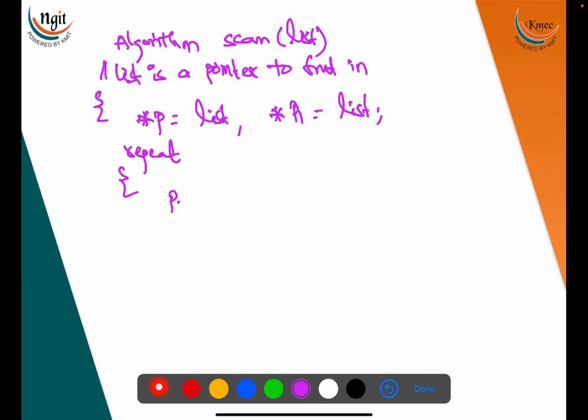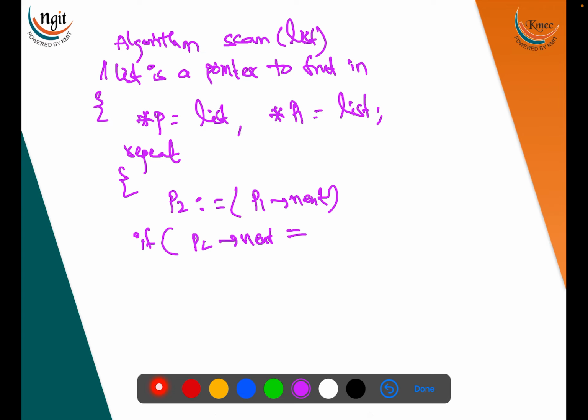So we'll take p2 equal to p1 to next. And now the condition is: if p2 to next is equal to 0, then we return, as it is the end of the list. If it is not equal to 0, then p3 is equal to p2 to next, else return.